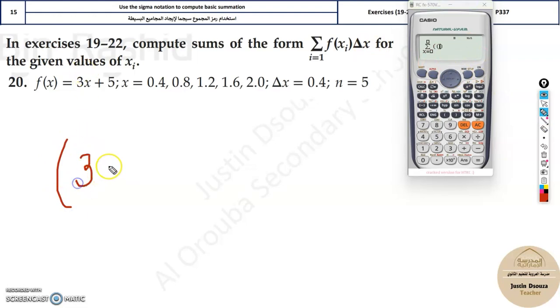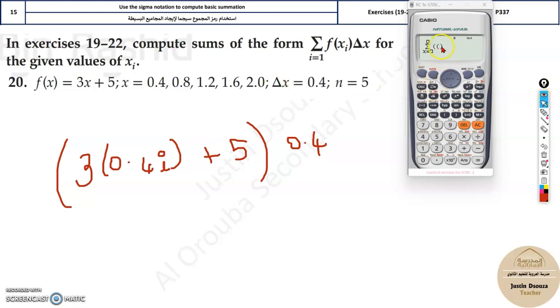Then 3. You don't write x. What is xi? That is 0.4 i, it's just that much, sorry, I thought it was squared. Now, what next? Plus 5. That is it, because it starts from 0, 0.4, 0.8. Now close the bracket and multiply with delta x, that is 0.4.